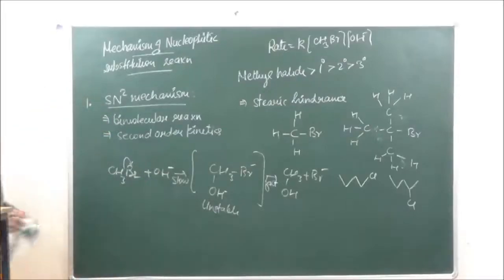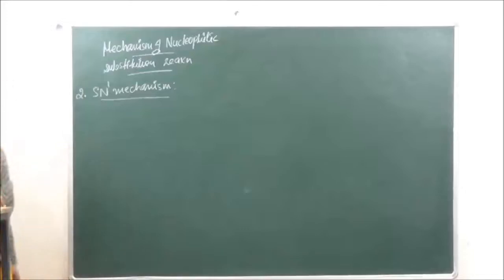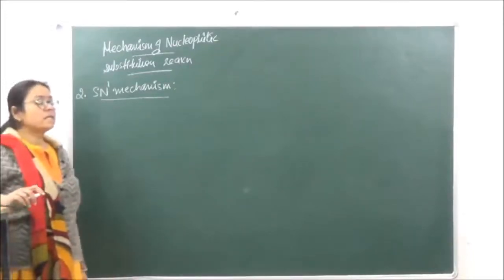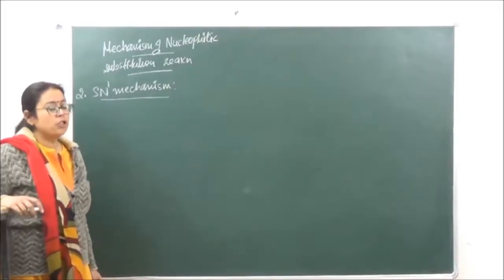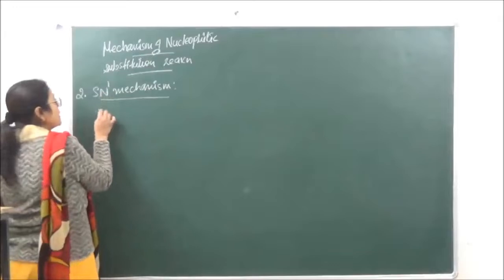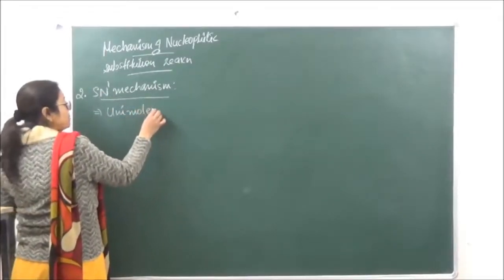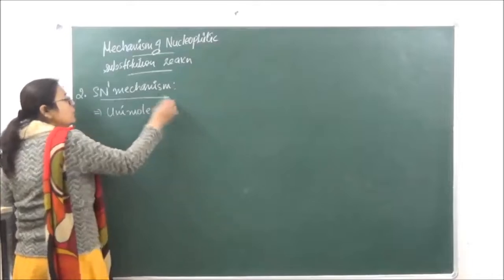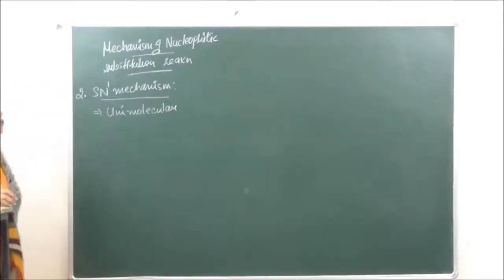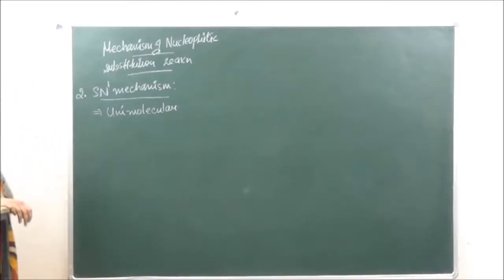The second mechanism which we are going to do is SN1 mechanism. Now in case of SN1 mechanism, again S is going to stand for substitution, N is going to stand for nucleophilic, and 1 over here is going to stand for a unimolecular reaction. So in this there is one molecule which is going to react at one time.